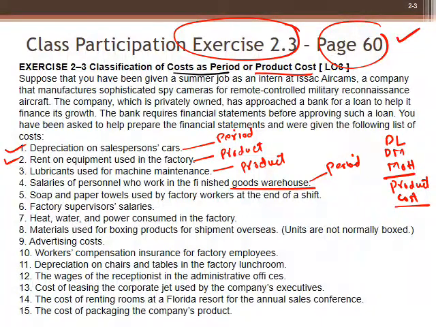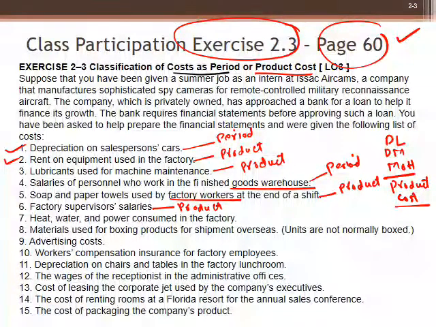Number 5, soap and paper towels used by factory workers at the end of the shift, belongs to manufacturing overhead. We call this product cost. Number 6, factory supervisor salary, also belongs to manufacturing overhead. We call this product cost.